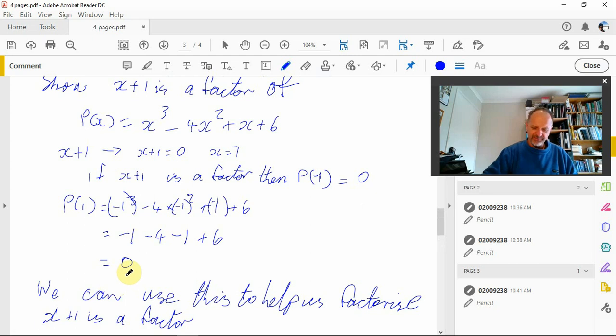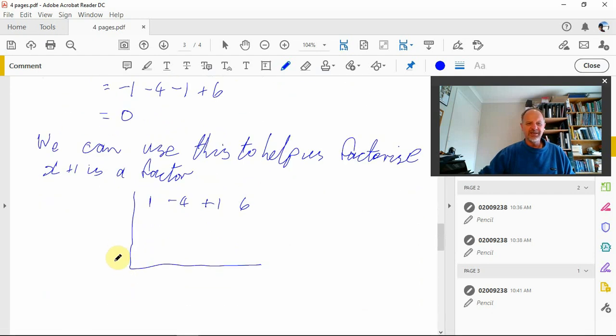Sorry, I forgot to change that bit. All right, so that's what goes in here, minus 1, which relates to our x plus 1, so x equals minus 1. All right, bring the 1 down. Minus 1 times 1 is minus 1. That plus that's minus 5. Minus times a minus is a plus 5. 6 minus 1 times 6, 0.